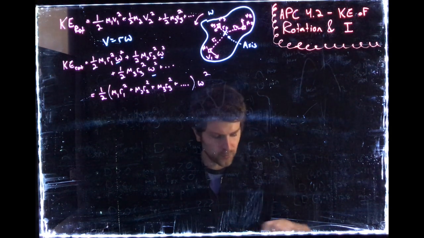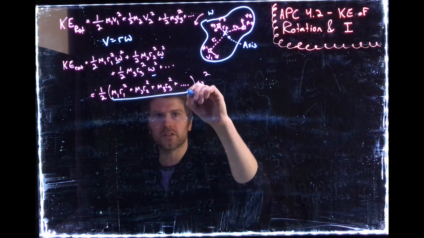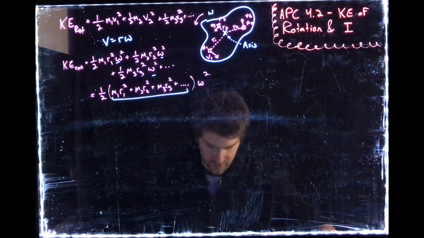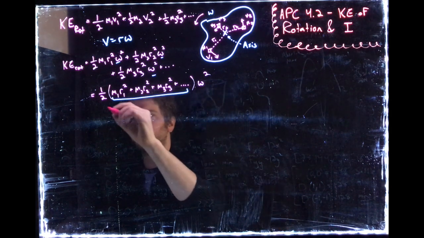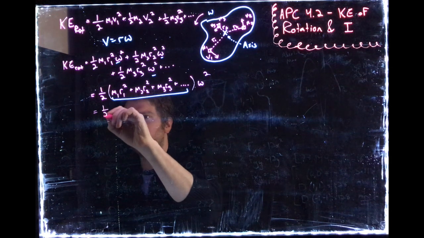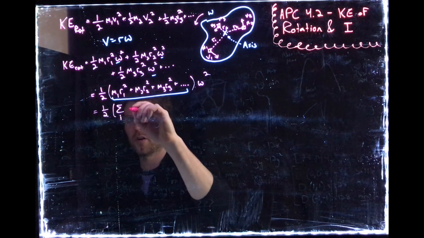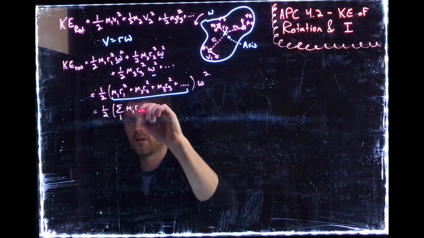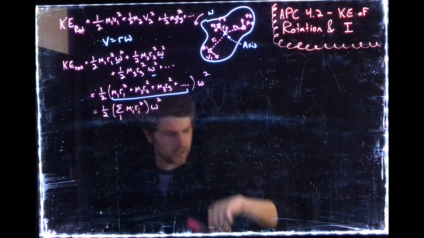So we're going to take this middle bit and give it a new name. So this is going to be 1/2 the sum of m_i r_i squared, to get a little mathier, times omega squared.